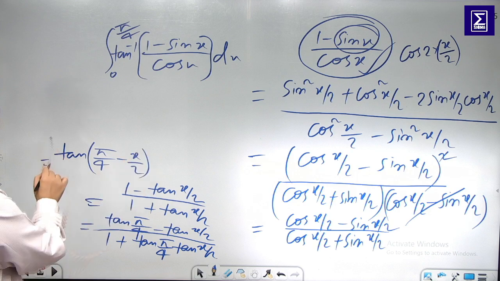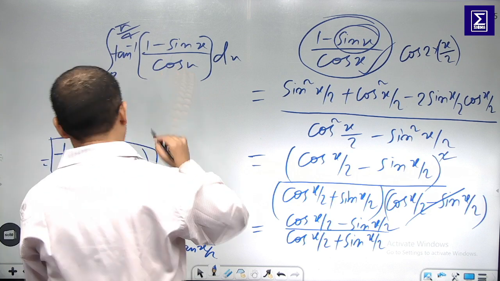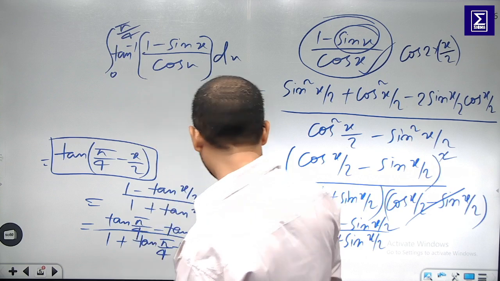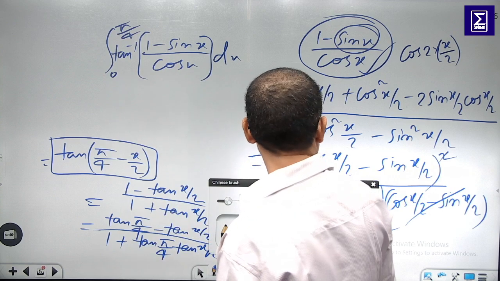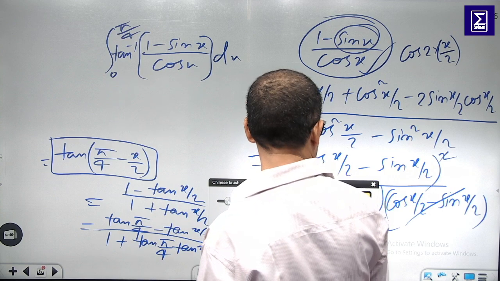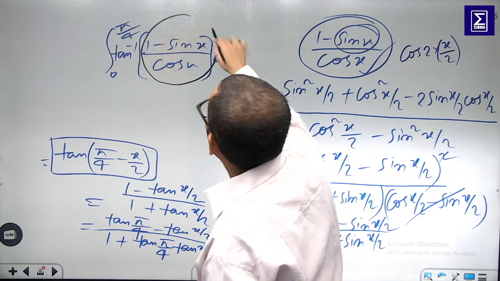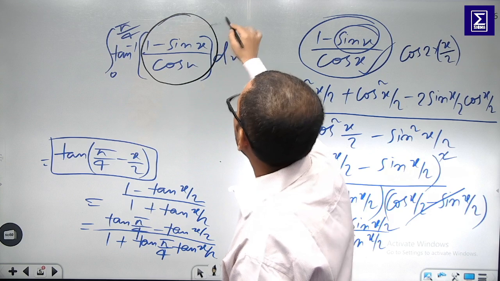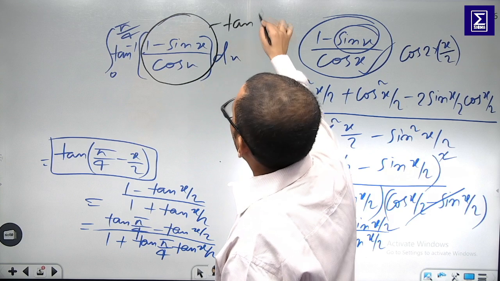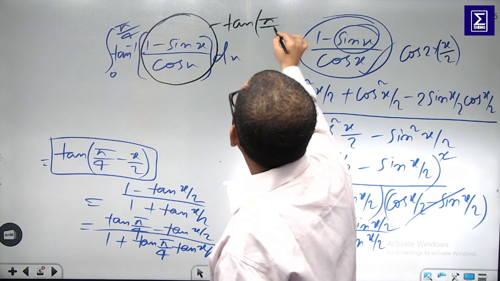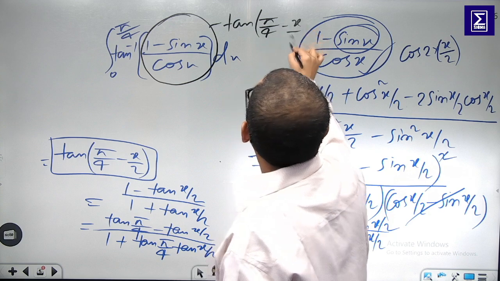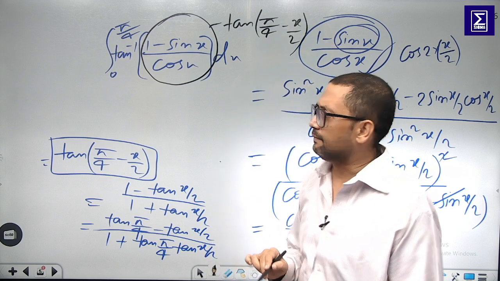So the entire result we got here, this part, is completely transformed into tan of pi by 4 minus x over 2. Why did we do all these steps?